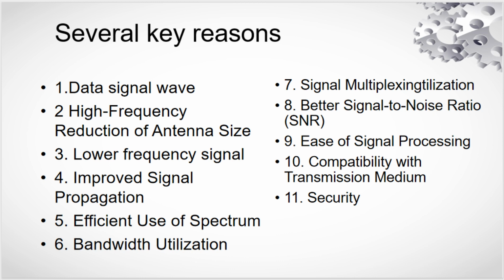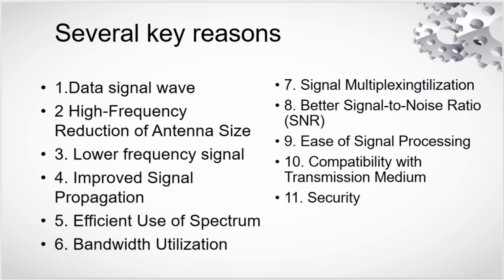Point number 4, improved signal propagation. Long distance transmission: a high frequency signal can travel long distance with less attenuation compared to a low frequency signal. Modulation onto a high frequency carrier ensures that the signal can be transmitted over long distance without significant loss.